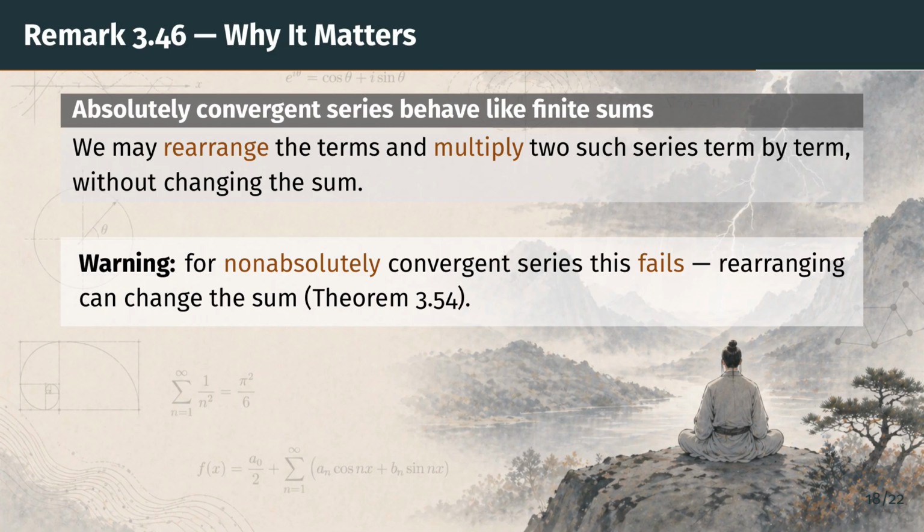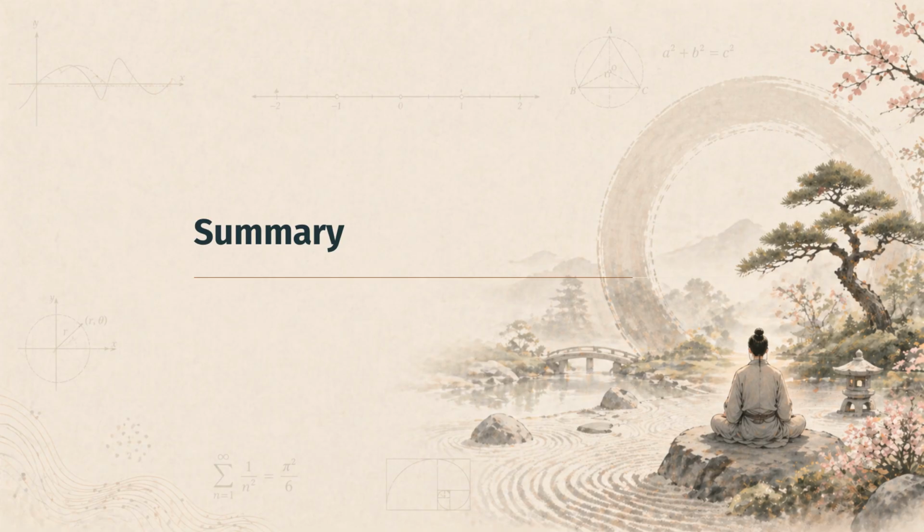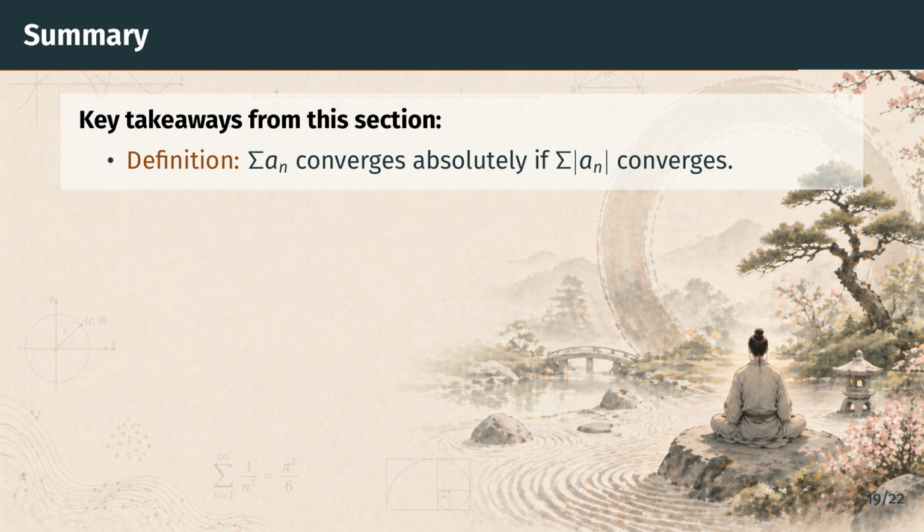Let's summarize. Let's review what we covered. First, the definition. A series converges absolutely when the series of the absolute values of its terms converges. This is a condition on the sizes alone, ignoring sign and cancellation.